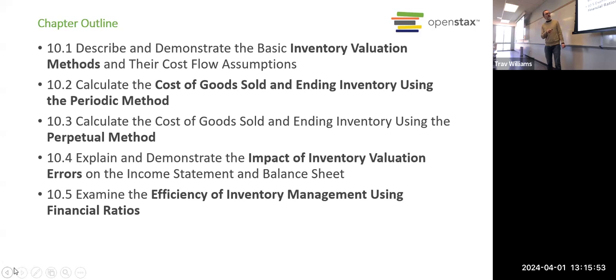We'll see what happens if there's a mistake on the income statement or balance sheet related to your inventory, and then how that gets corrected. And then we have some new ratios, which are very similar to, not last week because we were on break, but the week before, chapter 9, we learned the accounts receivable turnover ratio.